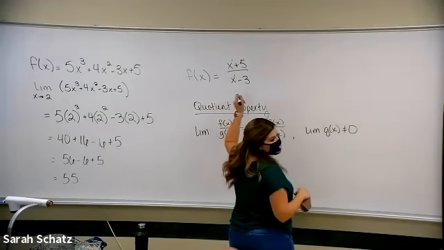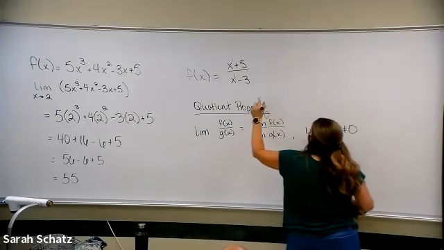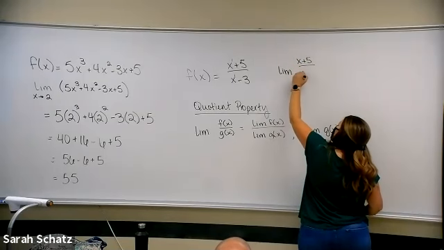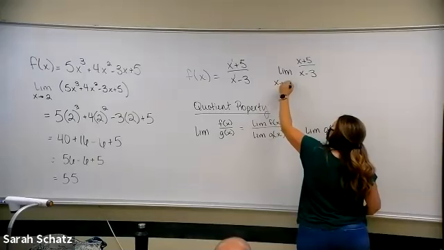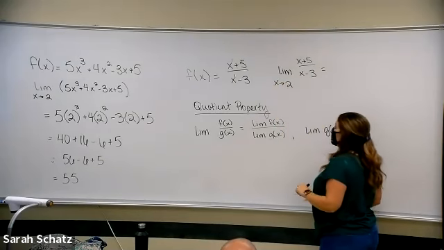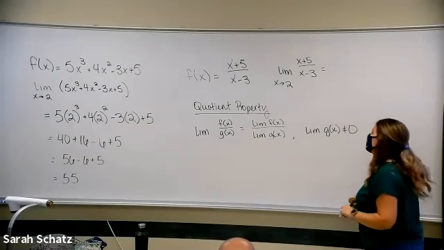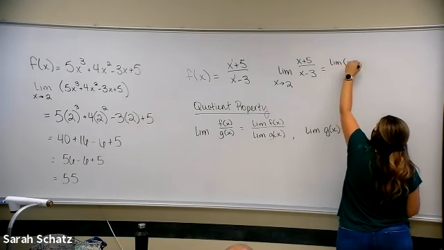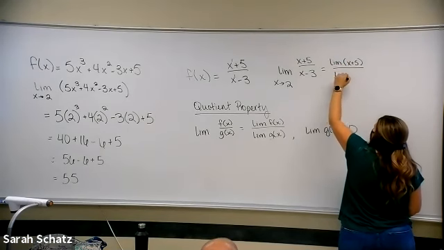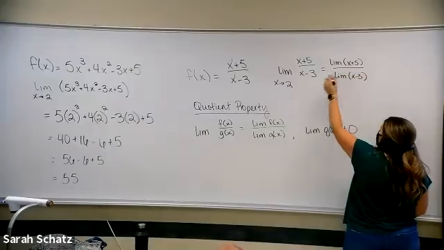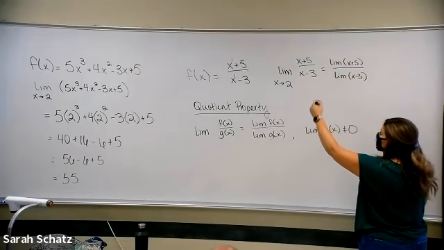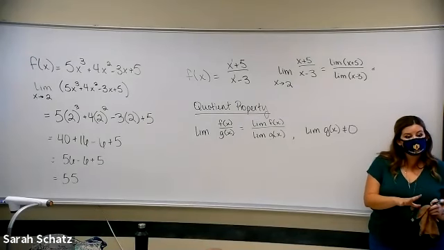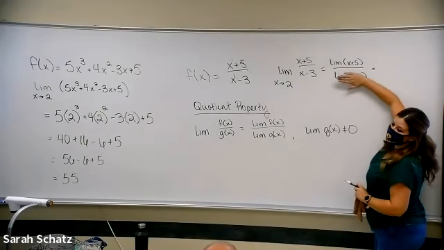If I want to take the limit of this function as x approaches 2, the property says I can take the limit of x plus 5 and the limit of x minus 3, both as x approaches 2, and divide. This property is going to work this time because I get to look at them separately.